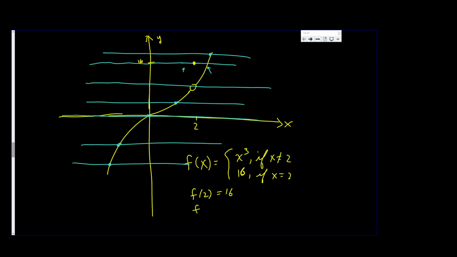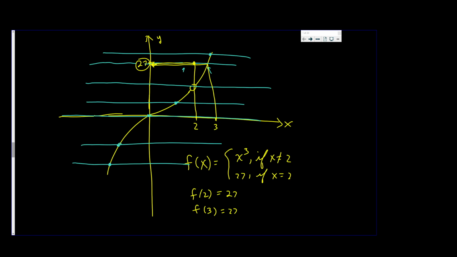Actually, it's not going to matter, but I'm sorry for changing things. Let's call it 27. f of 2 is 27, and f of 3 is 27. So make believe that height right there is 27.